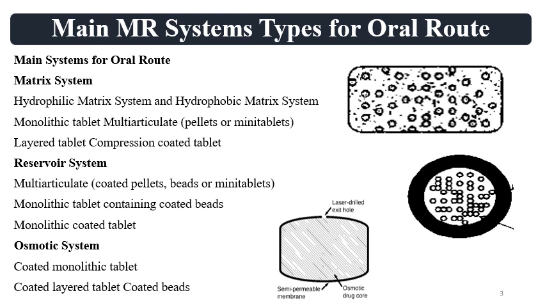So matrix system may be with the use of hydrophilic polymers or excipients, or hydrophobic matrix excipients. These may be in the form of monolithic tablet, single tablet, or these may be formulated as mini tablets or pellets.